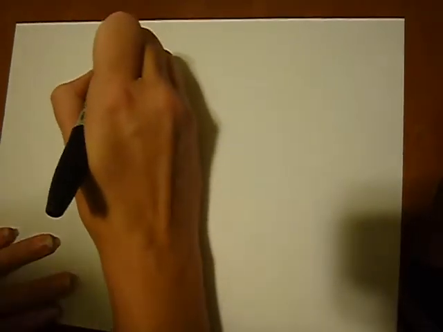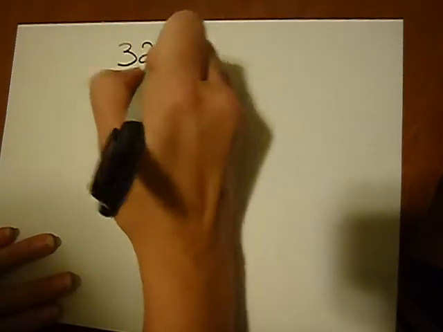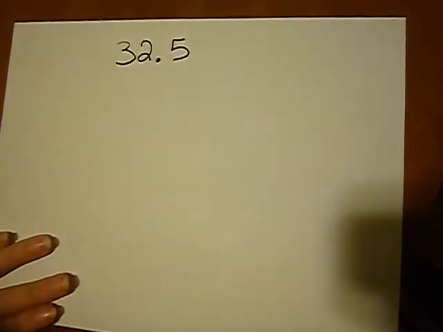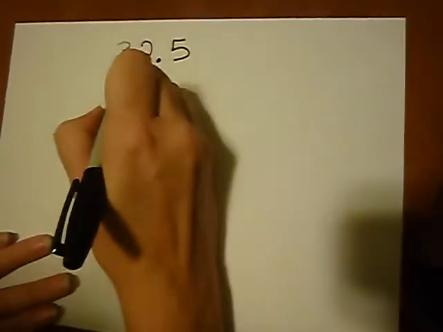So I'm going to start by rewriting the decimals in order. I'm sorry, not in order, but lined up with the decimal point. So my first decimal was 32 5/10. My second one was 32 900.